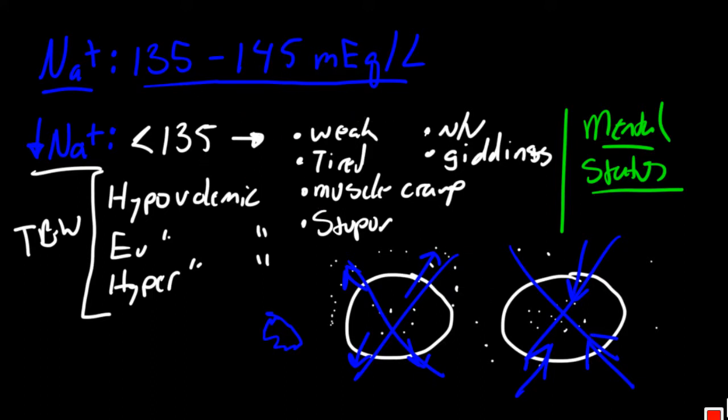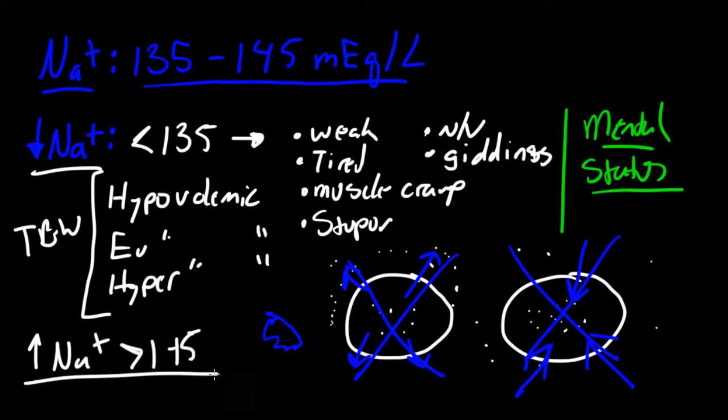It's very similar signs and symptoms. We'll define hypernatremia as a serum concentration greater than 145. This would represent a hypernatremic state, and this would represent a hyponatremic state.